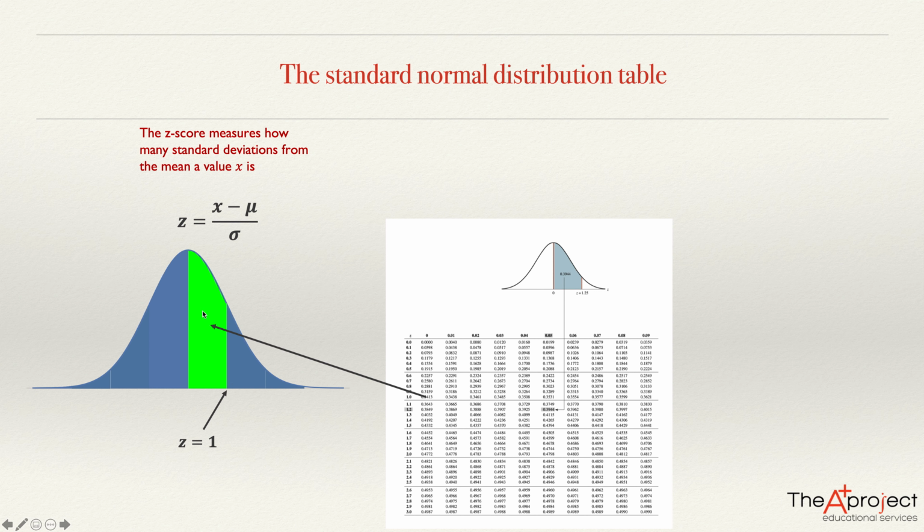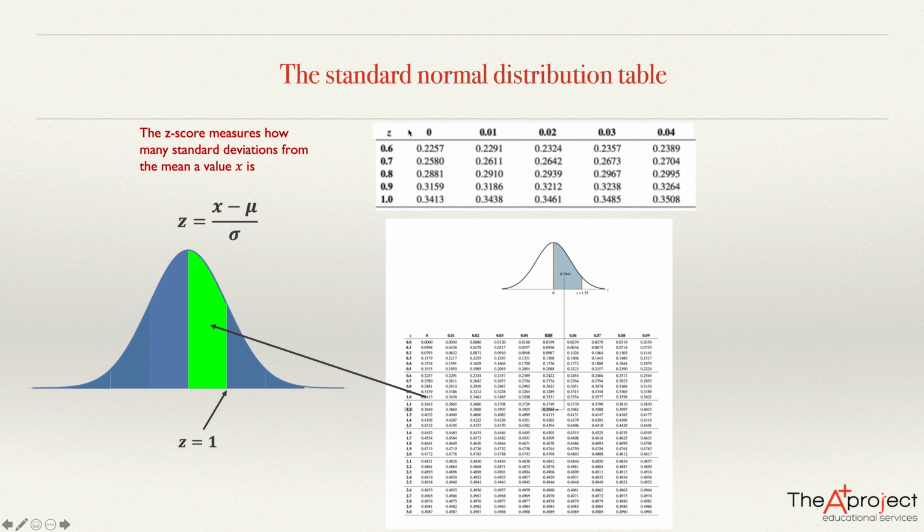So this area is the probability that the variable has a value between the mean and the value whose z-score is 1. Okay, so this area here is 0.3413.